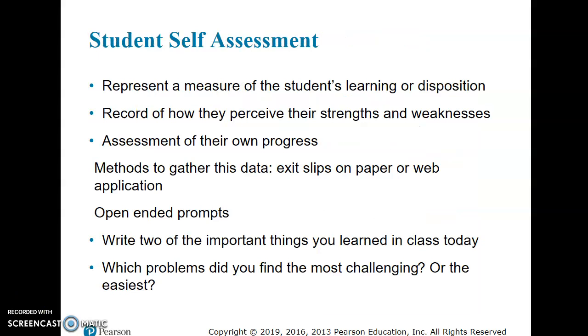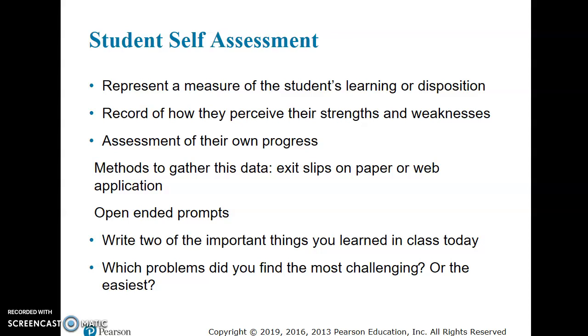Student self-assessment represents a measure of the student's learning, records how they perceive their strengths and weaknesses, and is an assessment of their own progress. Methods to gather this data include an exit slip on paper or a web application, and open-ended prompts. Write 2 of the important things you learned in class today. Which problems did you find most challenging or the easiest?